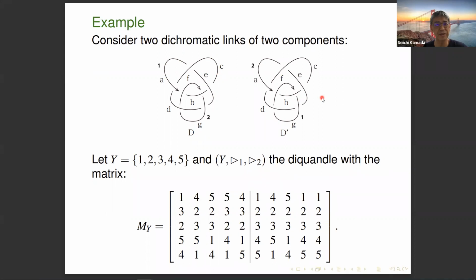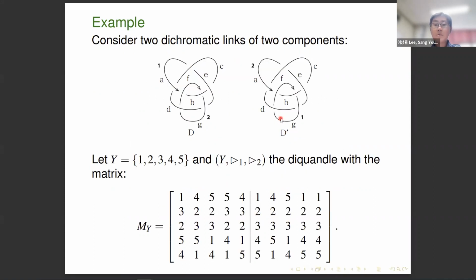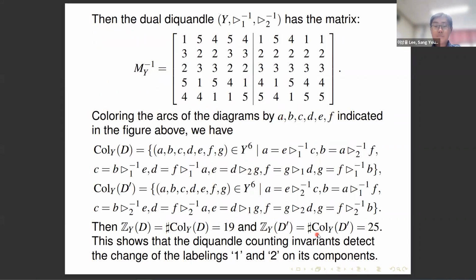For example, the first operation is the dihedral quandle. Yes, the purpose of this example is to distinguish the dichromatic links, and in particular the component labels.